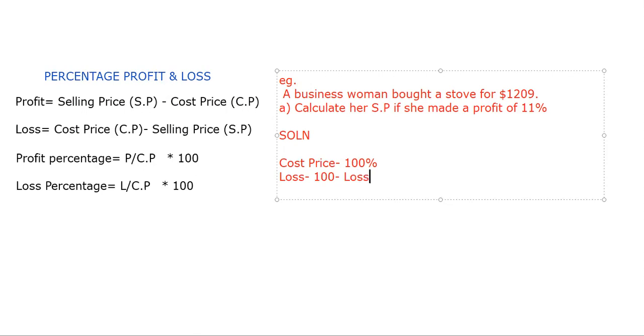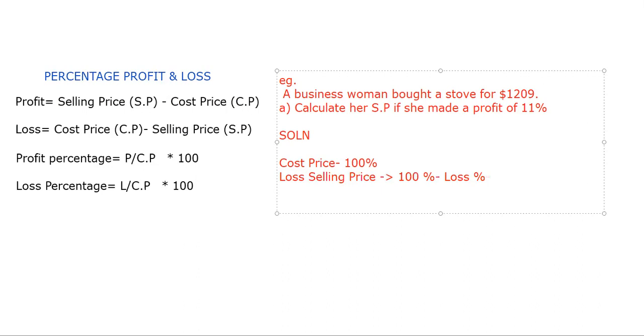So if you made a loss of 10%, it's like you sold it for 90%. I hope that you all understand. Let me put it in writing. So your loss selling price would be 100% minus your loss percent, however much the percent is.